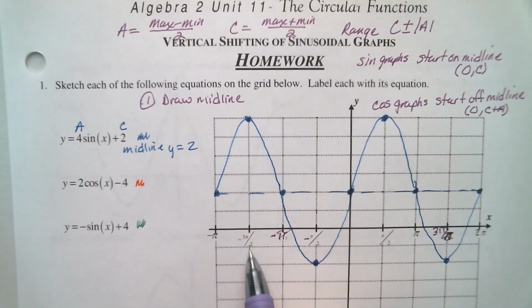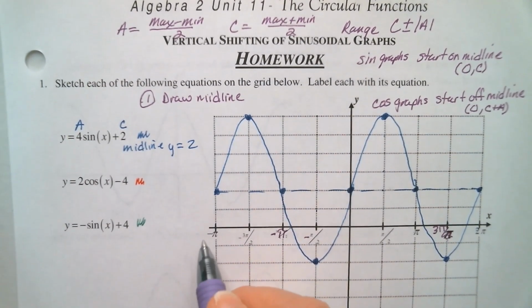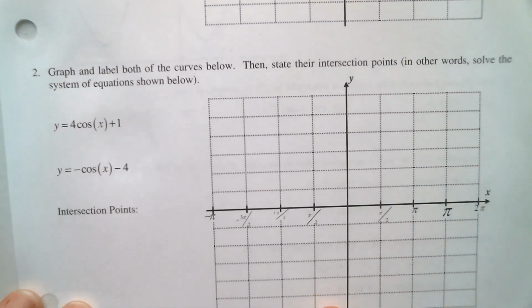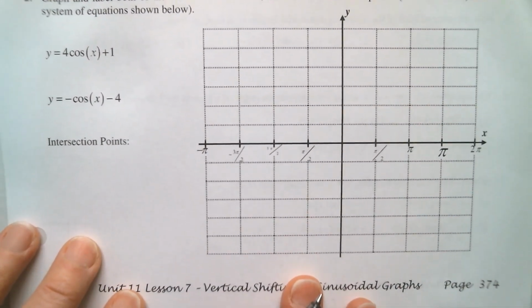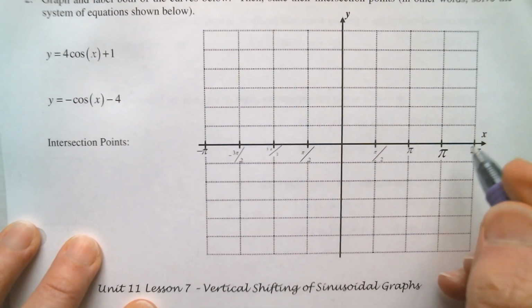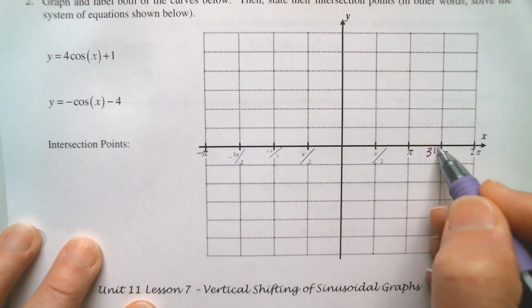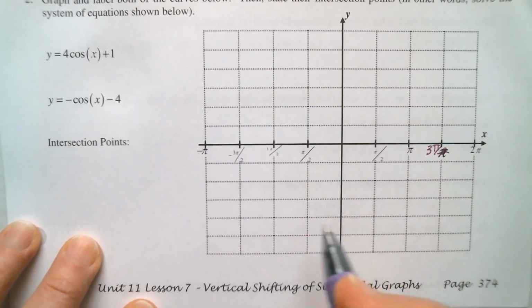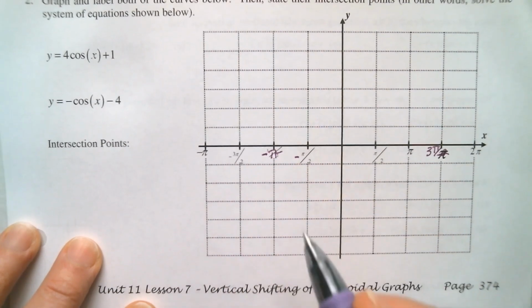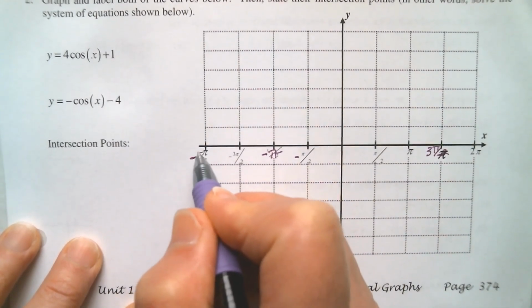Negative 3 pi over 2 is correct, and this should be negative 2 pi. And make the same changes with the bottom grid. Pi over 2 is correct. Pi is correct. This should be 3 pi over 2, 2 pi. This should be negative pi over 2, negative pi, and negative 2 pi.